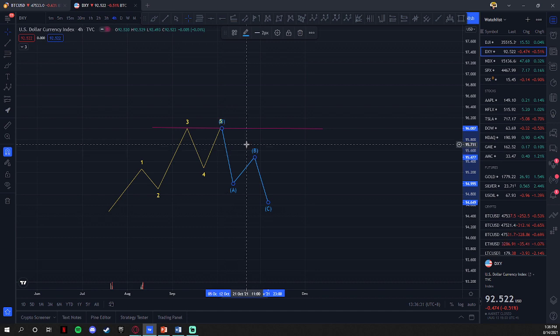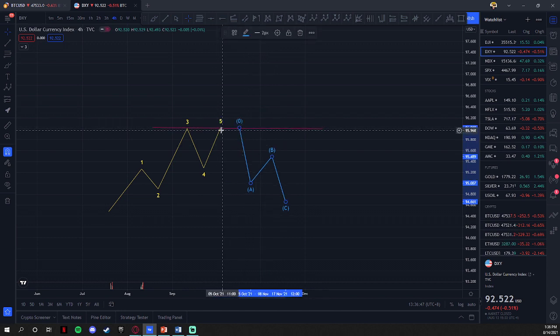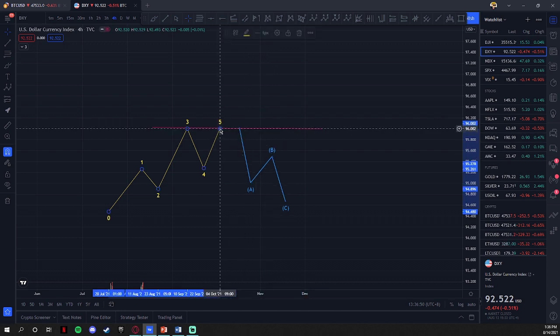A 3-5 top like this creates heavy resistance, and you would see quite a bearish correction after a double top like that. So that wave 5 is not going any higher. That's called the truncation.